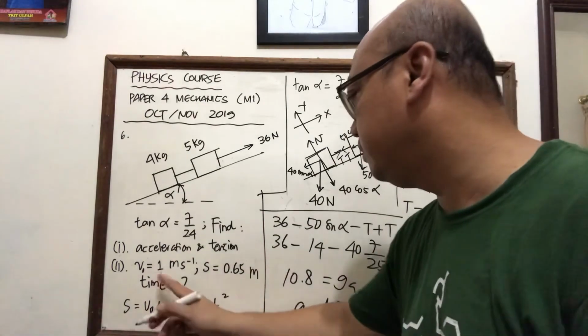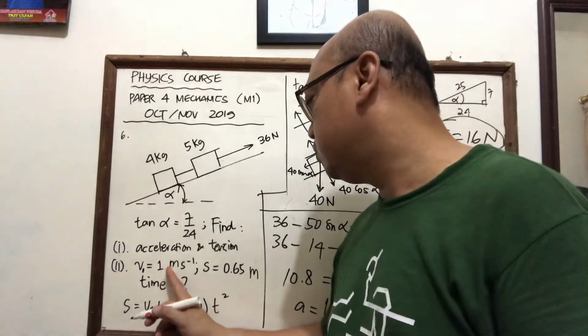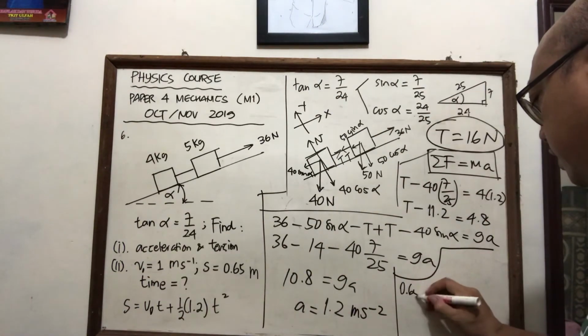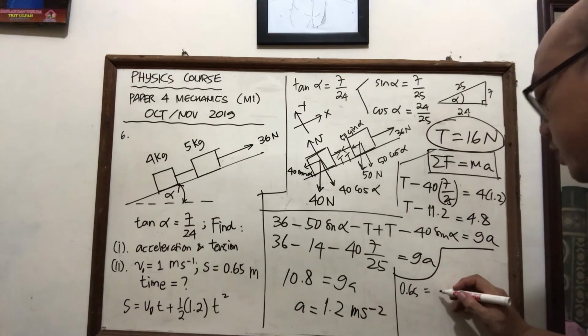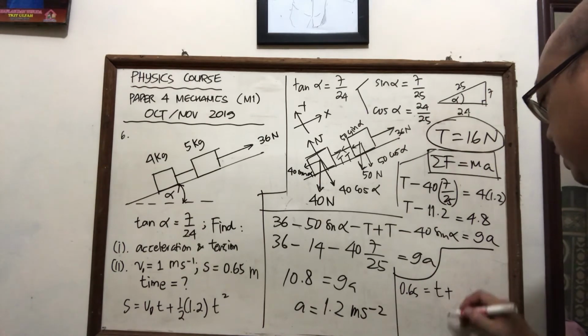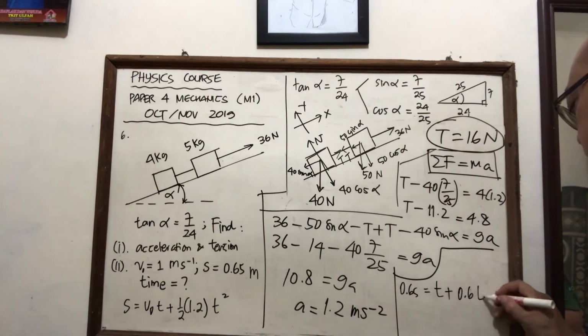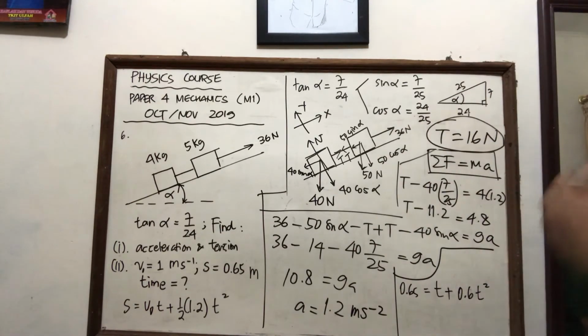So 0.65 equals v0, which is 1, times t, and then a half of 1.2, which is 0.6, times t squared.